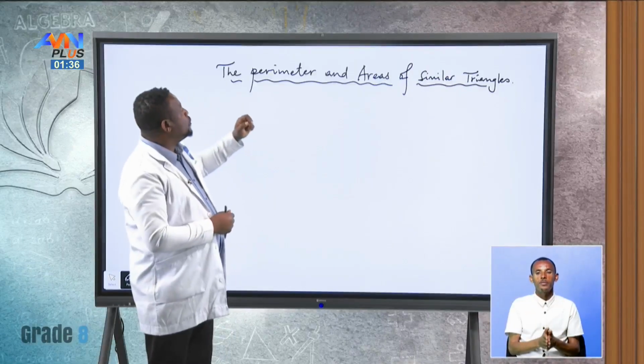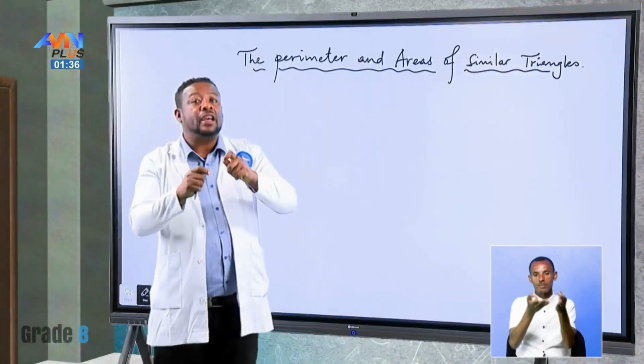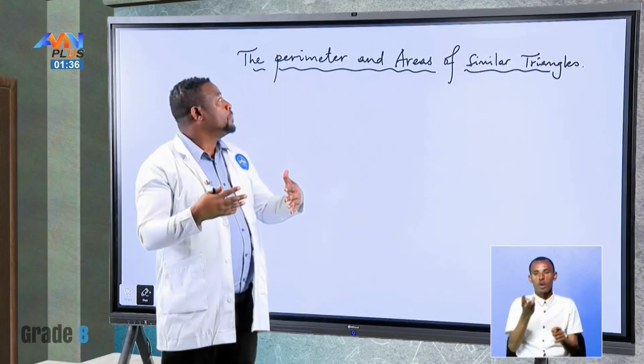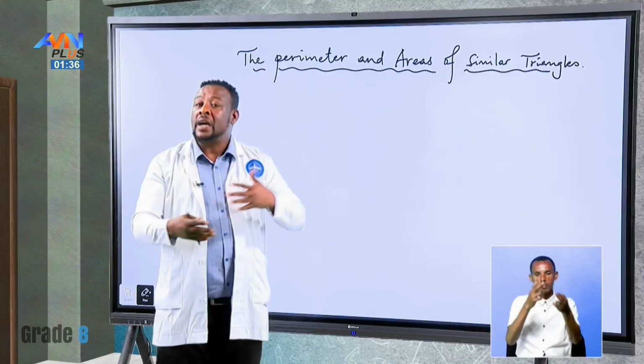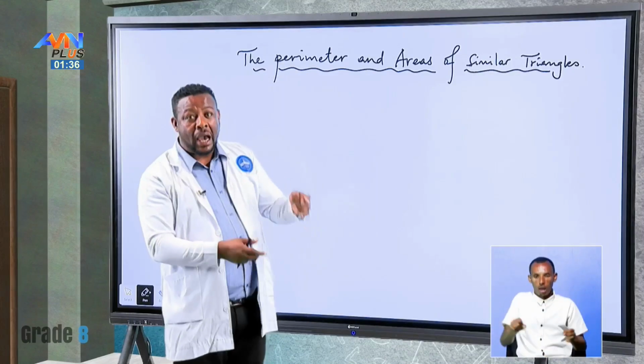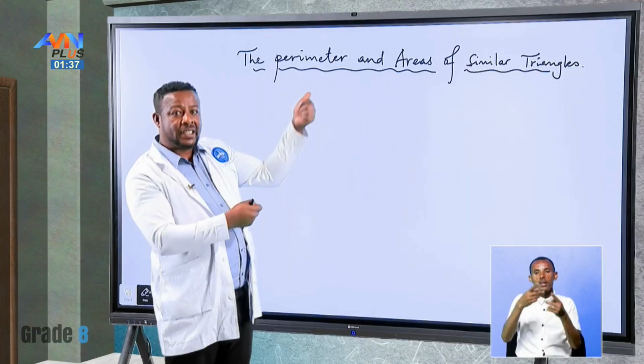To explain this, I will take two triangles so that we will see the relationship between sides, perimeters, and areas, right? I will try to include sides in this topic.